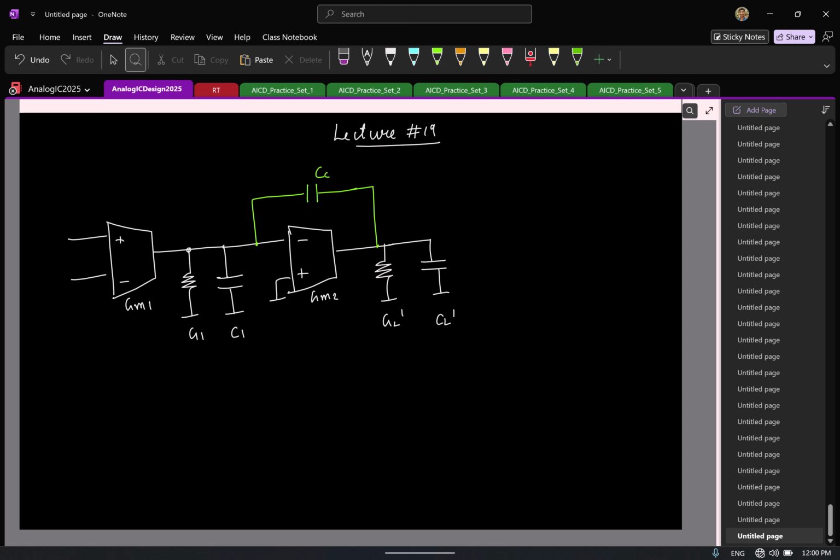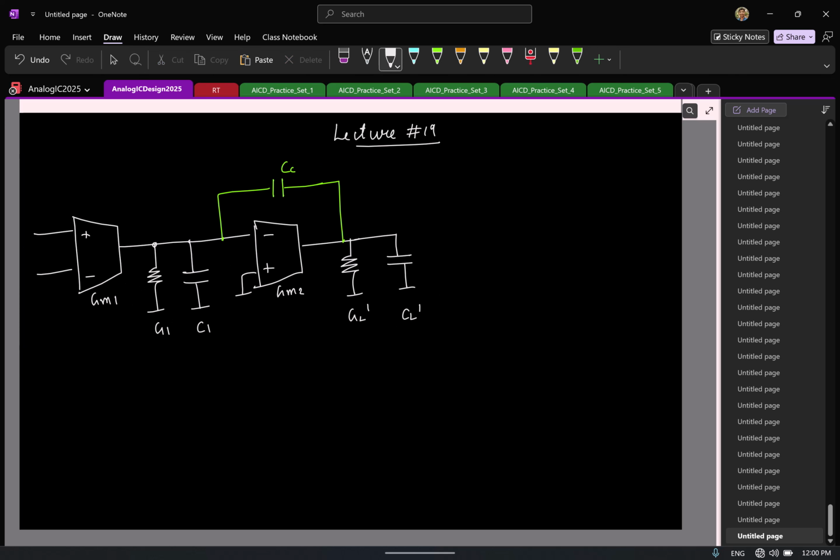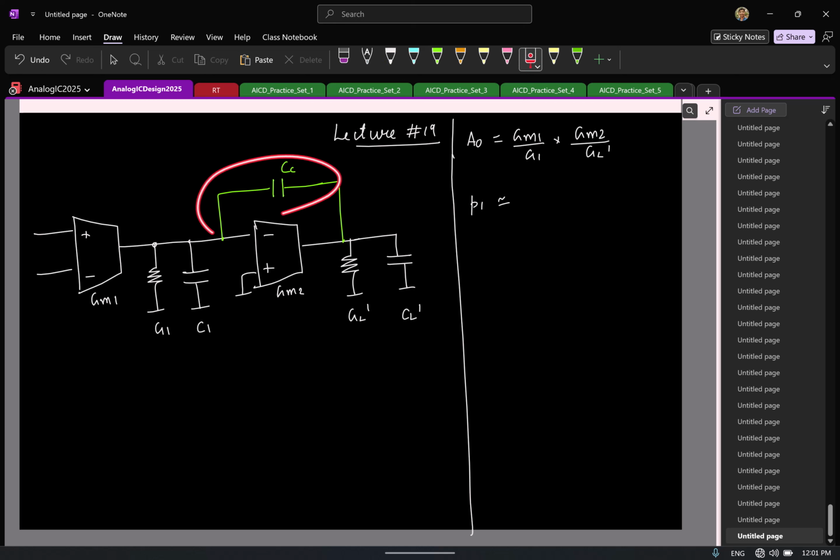Let's quickly write the important things for this. What is the DC gain for this? GM1 by G1 times GM2 by GL prime. And let's quickly approximate the two poles. The first pole, the low frequency pole, is due to the Miller multiplication.